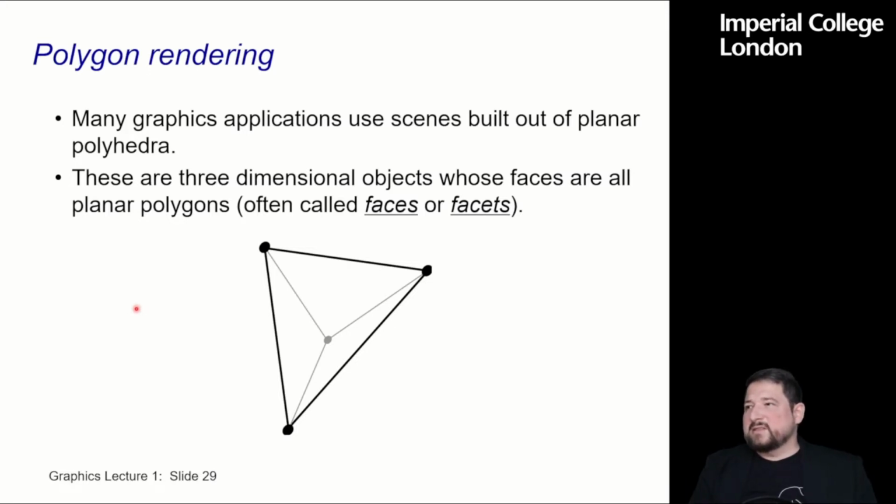So these are three-dimensional objects whose faces are planar polygons. And these polygons, these triangles, make up pretty much everything you see in 3D scenes nowadays on a computer. Of course, the problem is, how do you represent curved surfaces with planar faces or facets?